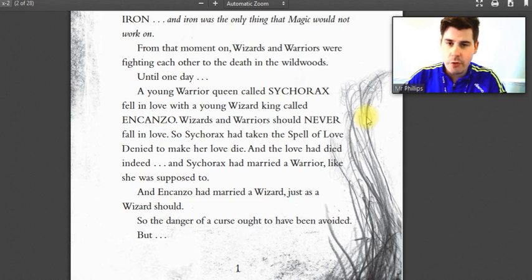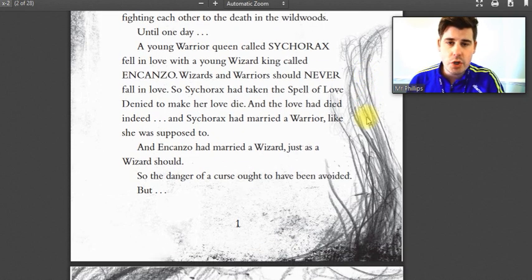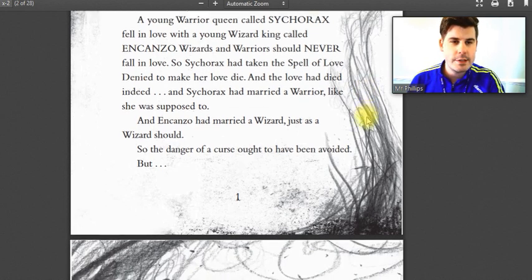So Sinchorax had taken the spell of love denied to make her love die. So she takes a potion to make her not love him anymore. And the love had died indeed. And Sinchorax had married a warrior like she was supposed to. And Encanzo had married a wizard just as a wizard should. So the danger of a curse ought to have been avoided.